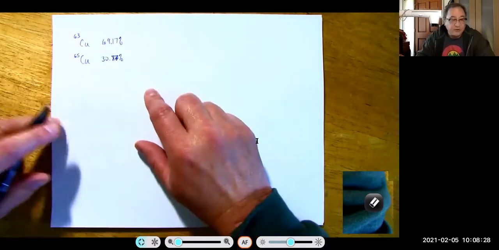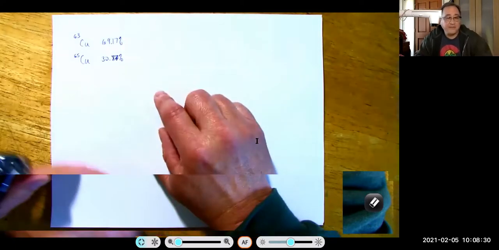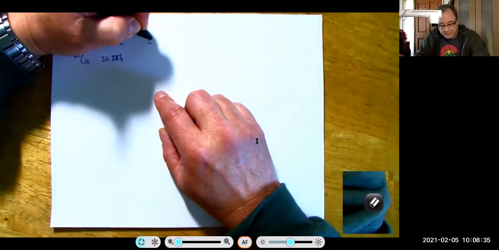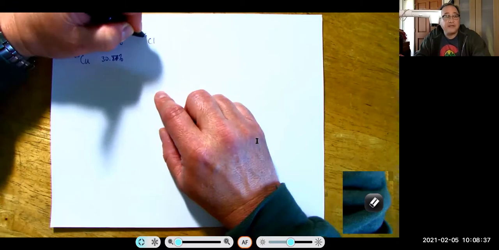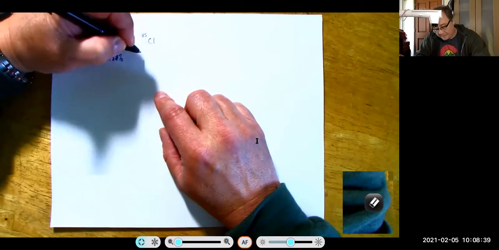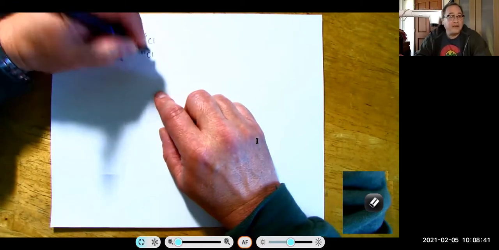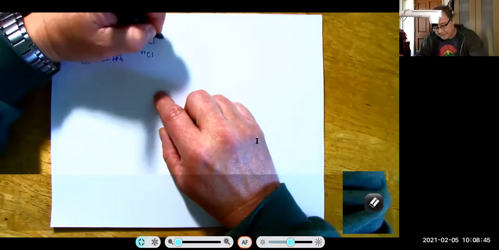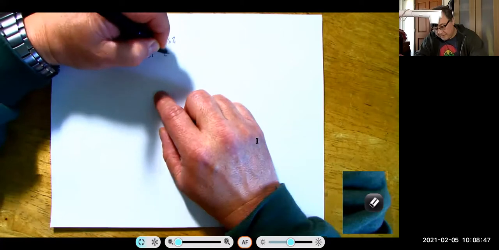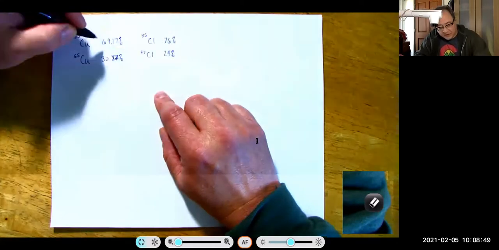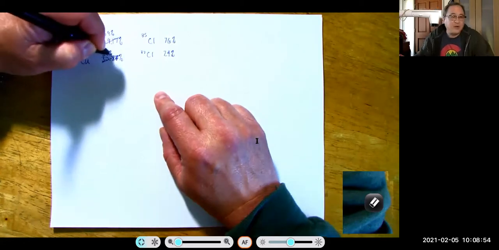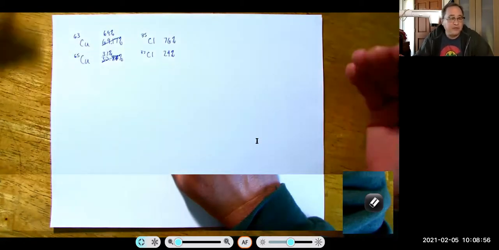So basically 2/3 and 1/3, agreed? And for chlorine, you've got 35 and you've got 37, and you basically have 76% and 24%. Now that I've written that, I'm going to cross this off and write 69% and 31%. Because this says qualitatively, which means we don't need to know the precise numbers.